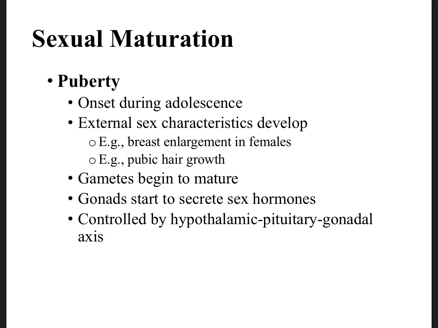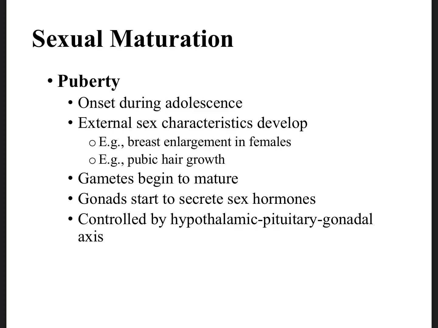Puberty is the process of becoming sexually mature and able to produce gametes that are viable and can produce a pregnancy, or capable of reproduction. This begins during adolescence.